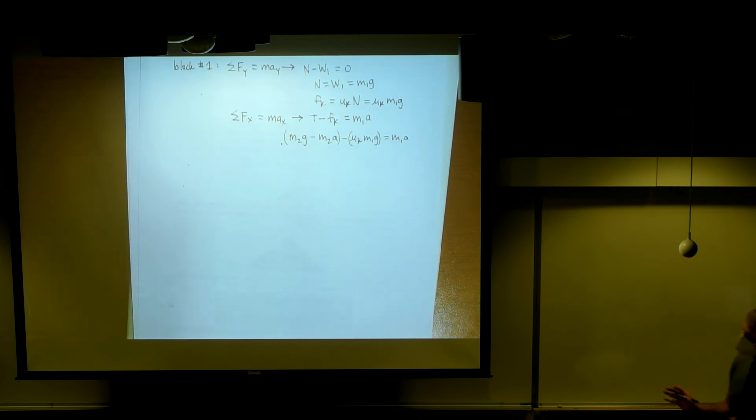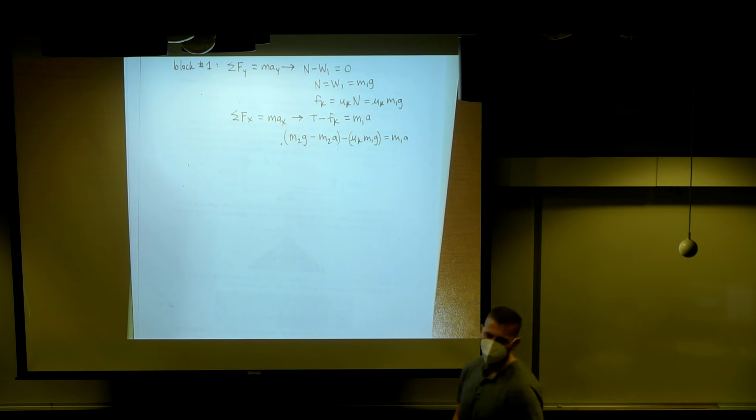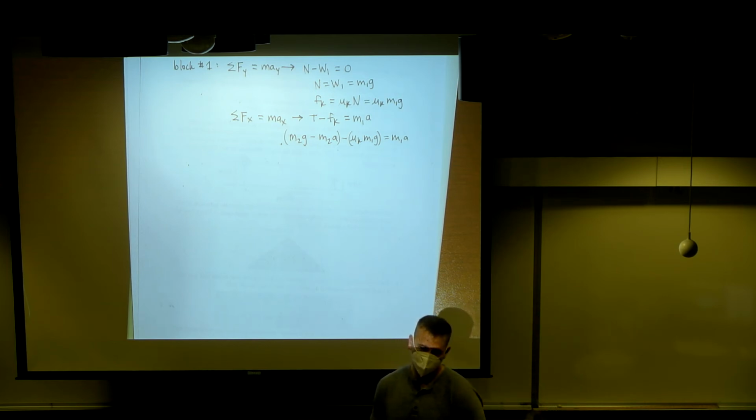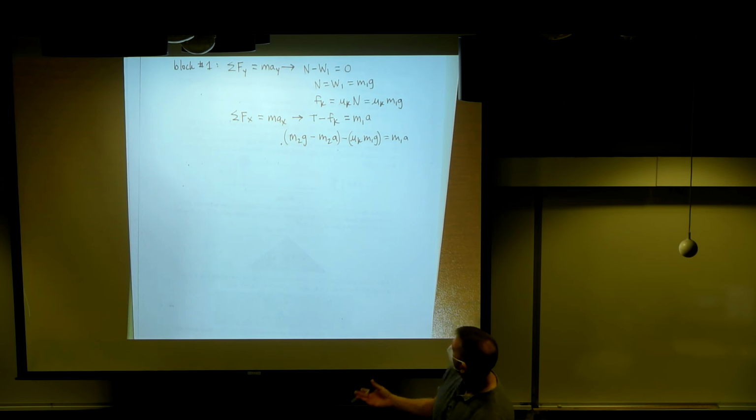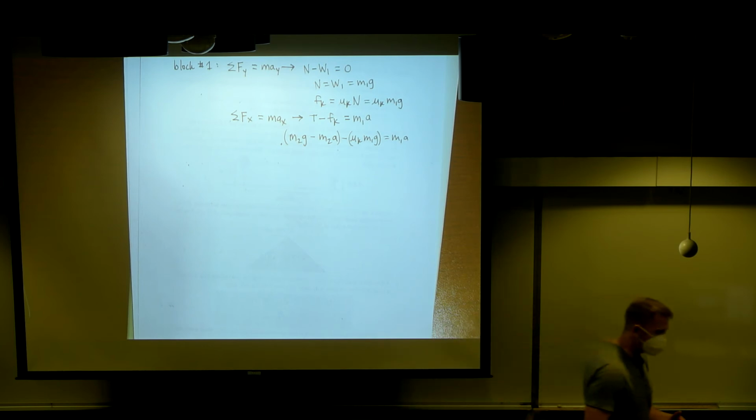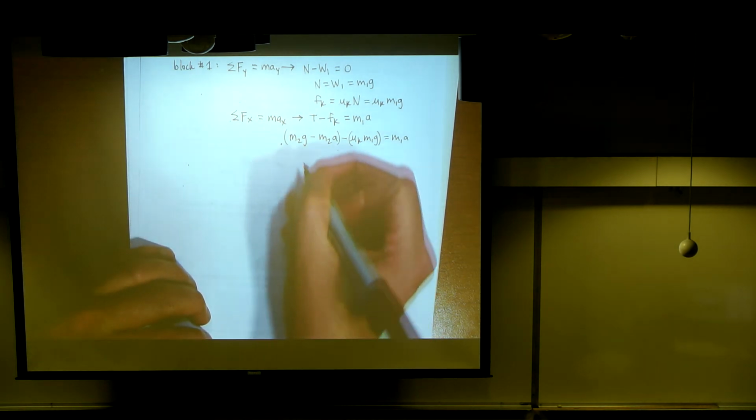So the rest of this is just some algebra. We need to solve for the acceleration. So the way we should do that is to maybe collect all the A terms on one side and collect everything else on the other side.